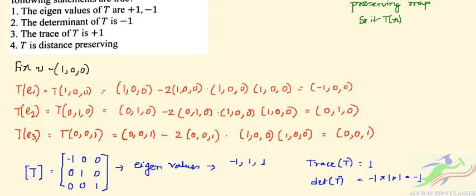Let's check the options. Option 4 is the correct one. The trace of T is plus 1, yes, option 3 is also correct. And the determinant of T is minus 1, so option 2 is also correct. So options 2, 3 and 4 are the correct options.